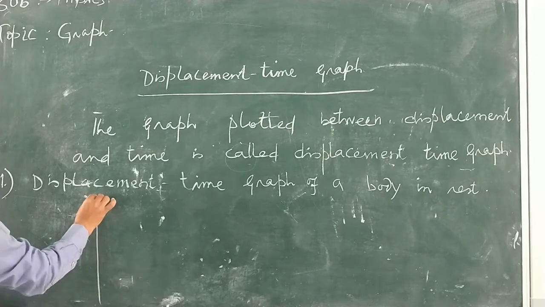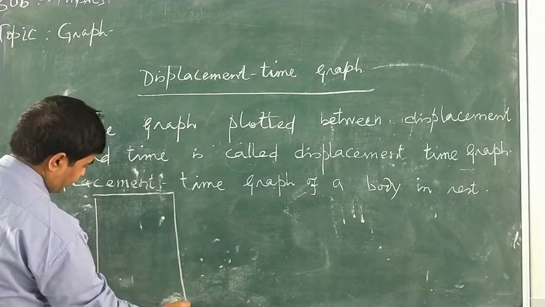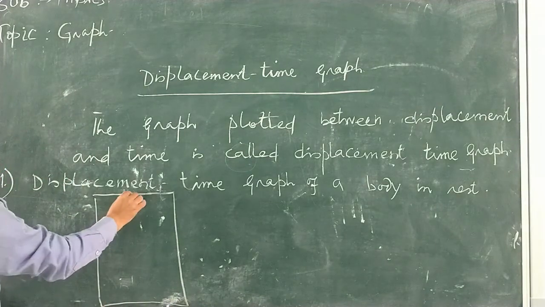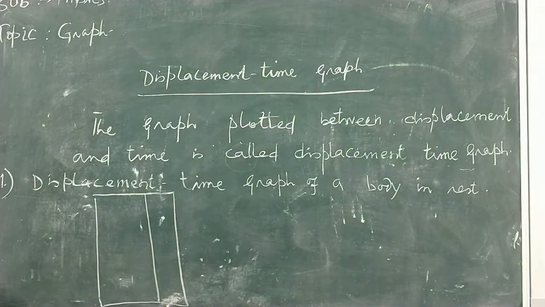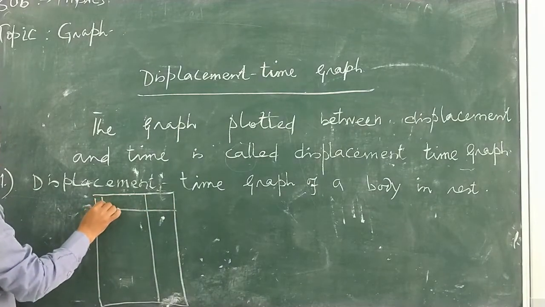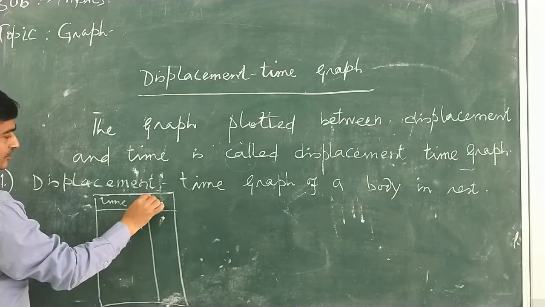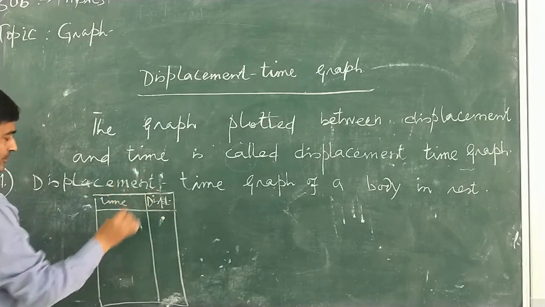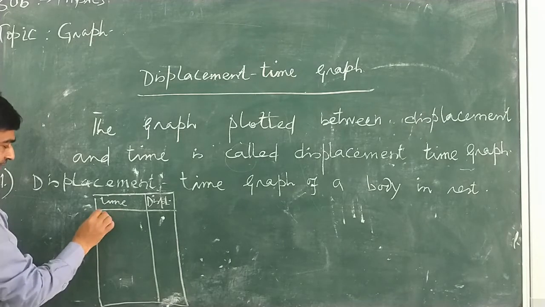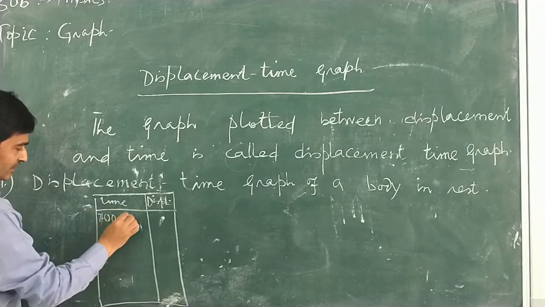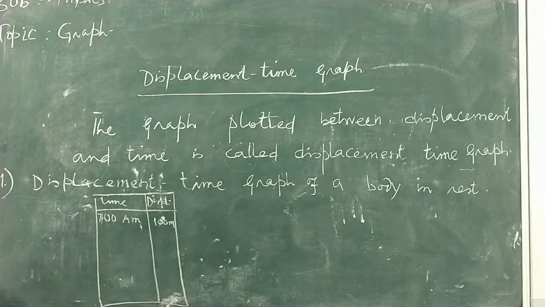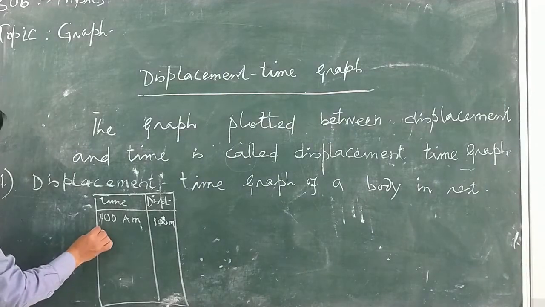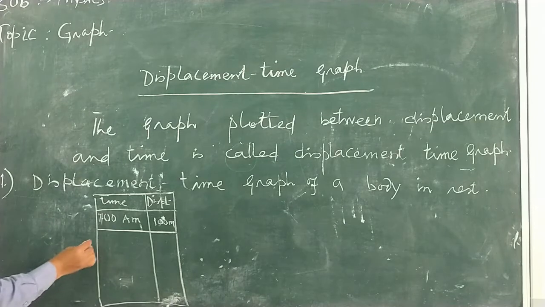Suppose a body is at a distance of 100 meters at 7 a.m. We can suppose a train is at a distance of 100 meters at 7 a.m. from a station.